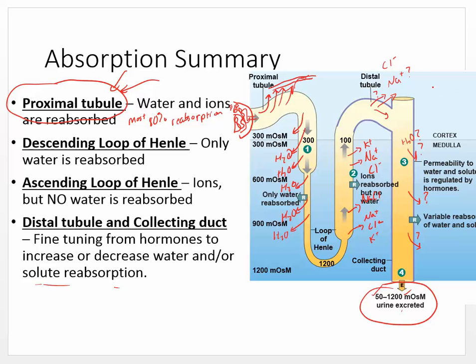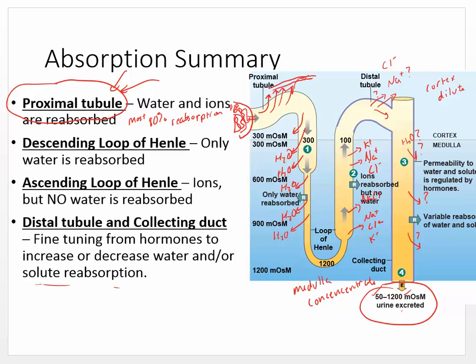Because one thing that we know is the cortex, the renal cortex, is very dilute. Okay, and the medulla is very concentrated. So if that's the case, then we know that somehow these salts have to be moved down.